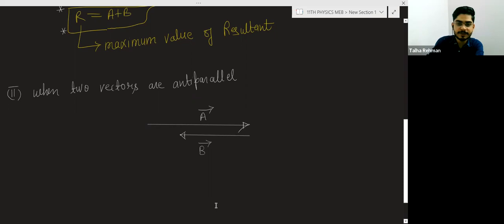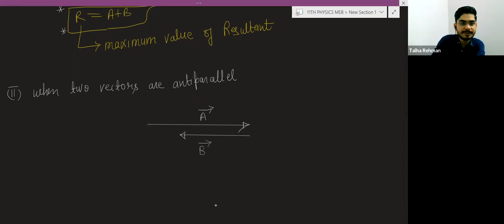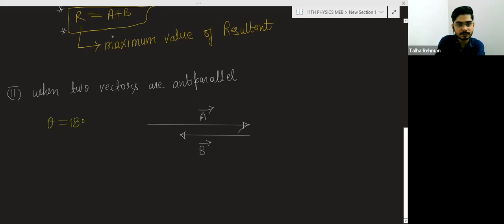So A vector and B vector being anti-parallel means your theta will be 180 degrees this time. In between the vectors, the angle will be 180 degrees. And remember the value of cos 180 degree is minus 1. So when you apply the formula of resultant, you write a square plus b square plus 2ab cos 180 degree.